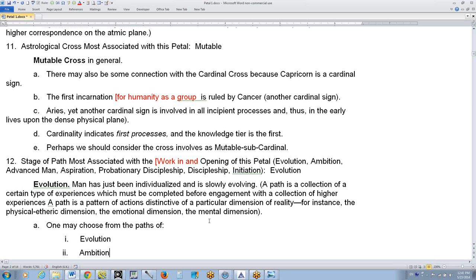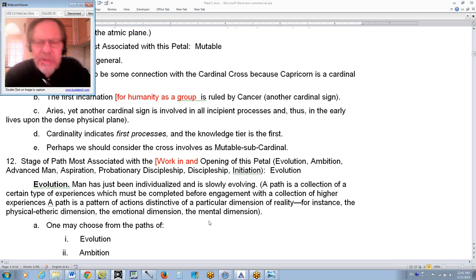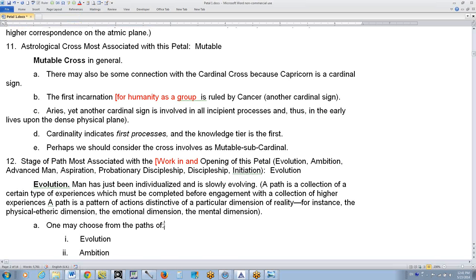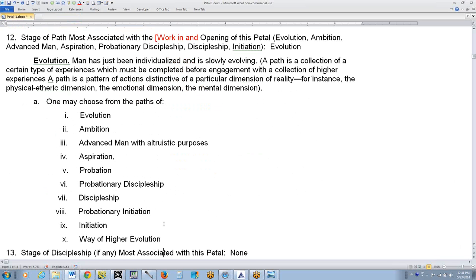What stage of the path are you on? It has to do with what types of experiences you are engaged in, what types of activities and to what end, in what dimensions. So we may indeed choose, from these following paths, and we have chosen the path of evolution, but just to repeat them: evolution, ambition, the path of the advanced man.